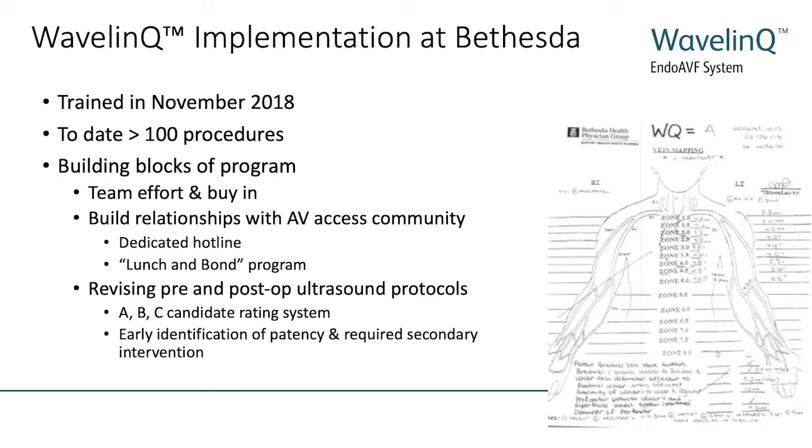And a WavelinQ B has anatomy that will allow the WavelinQ to be created, but the ultrasonographer has some concerns about the ultimate target vein, and that the target vein may require a secondary procedure. And that helps me in terms of counseling the patient as to whether they're going to have 1 procedure, 2 procedures, or multiple procedures. So let's go back to the WavelinQ A, which is the happy ultrasound.